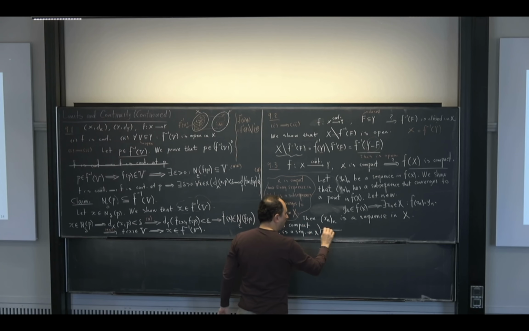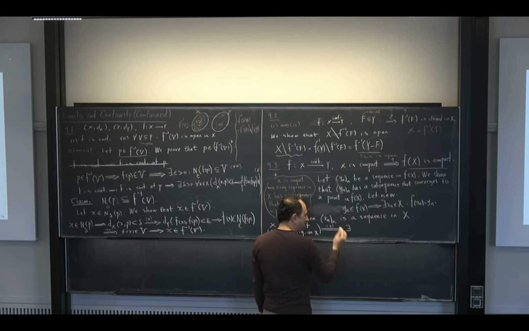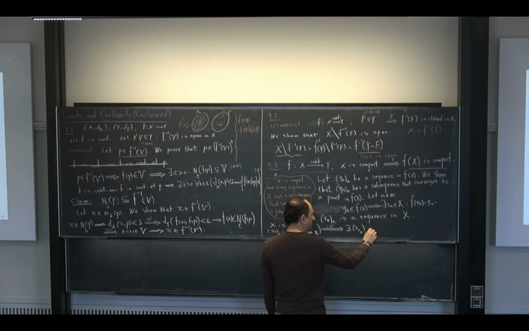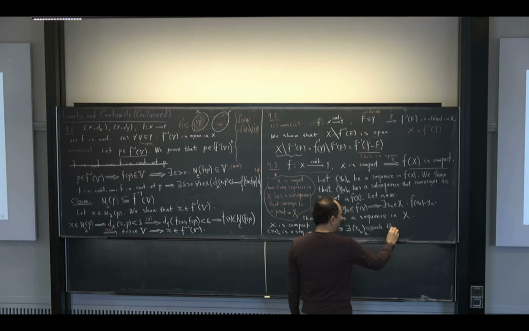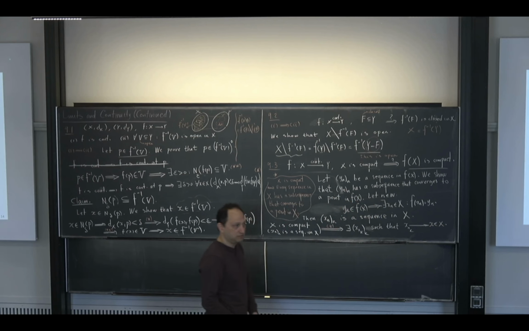From these two, what can I conclude? Again, using this reminder. Okay, what can I conclude? Yes? Xn has a subsequence. Subsequence, yes. So it means that there exists, let me be a little bit sloppy because of time, a subsequence of this one in X such that x n sub k converges to a point in X. Is that right?